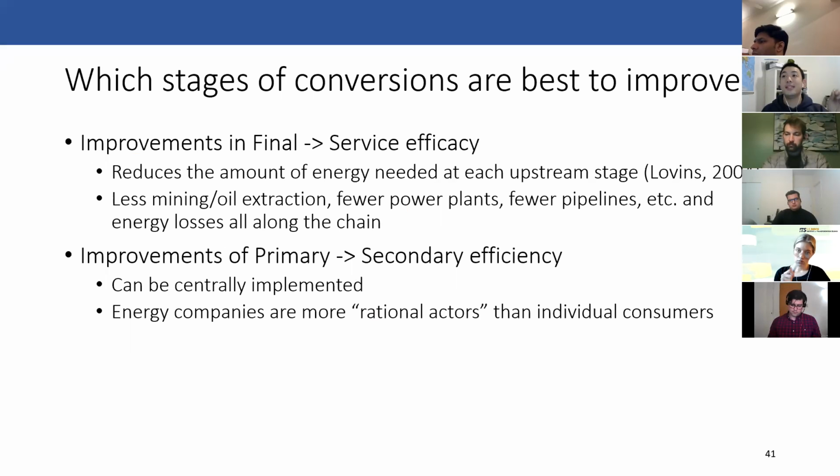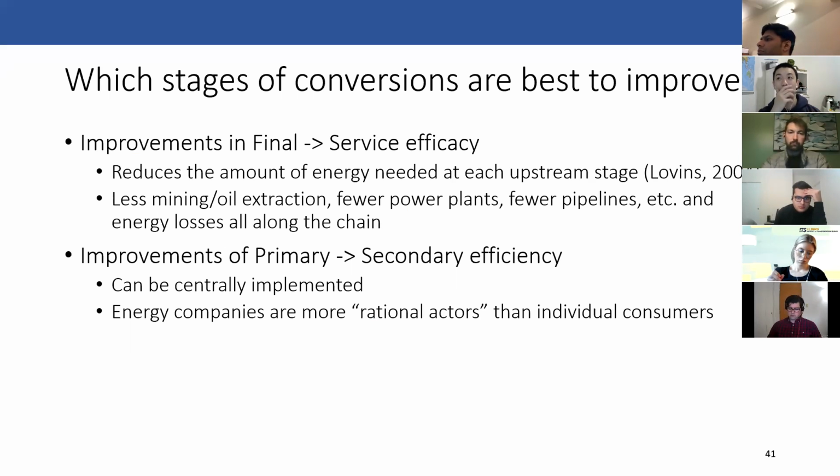So the gains, strictly speaking from a number standpoint, are much larger if you were to improve the light bulb compared to, in the second example, improvements of the primary to secondary efficiency. So, for example, if I were to do efficiency improvements at the coal plant or the natural gas plant, the total gains that you get from doing that are much, much smaller than improving the light bulb.